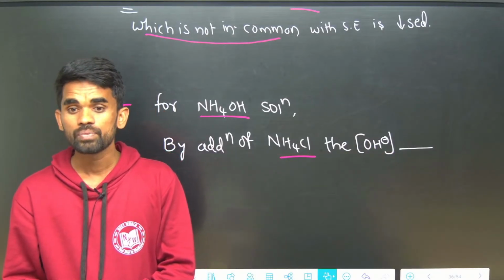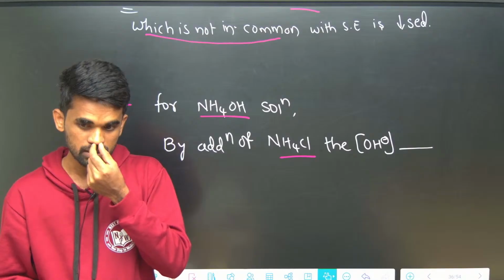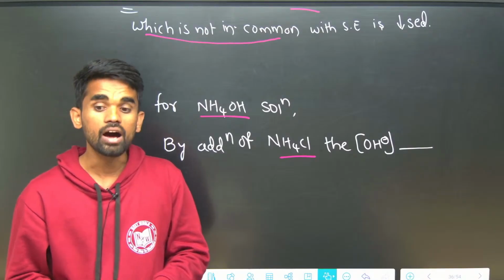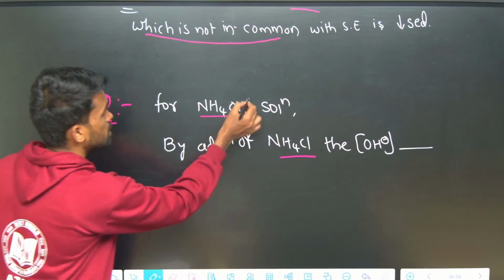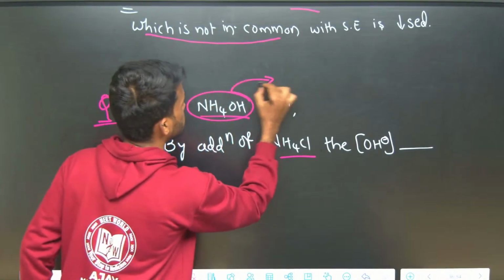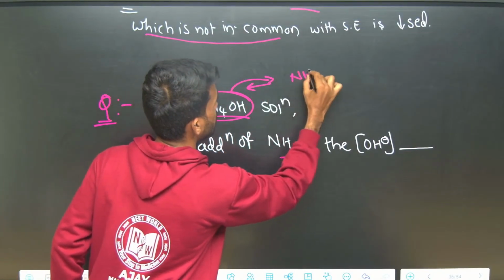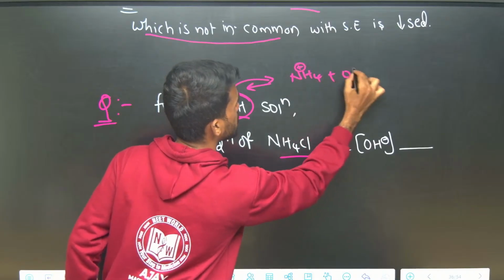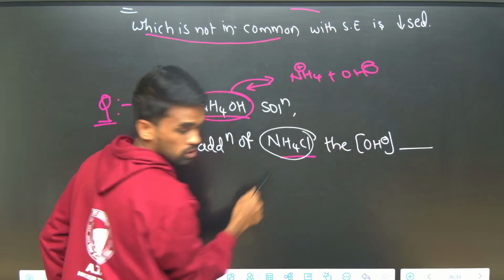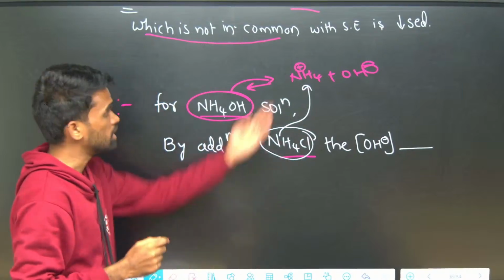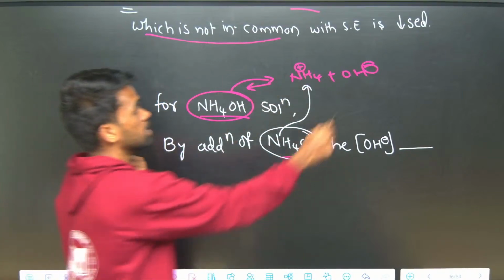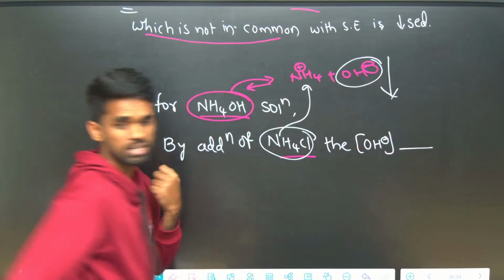Decreases. Why does it decrease? Because of the note point, just now I told you. If this is a weak electrolyte, it will dissociate to give ammonium cation plus OH minus ion. Here the strong electrolyte has a common ion with this, therefore the degree of dissociation decreased, therefore the OH minus ion concentration decreased.